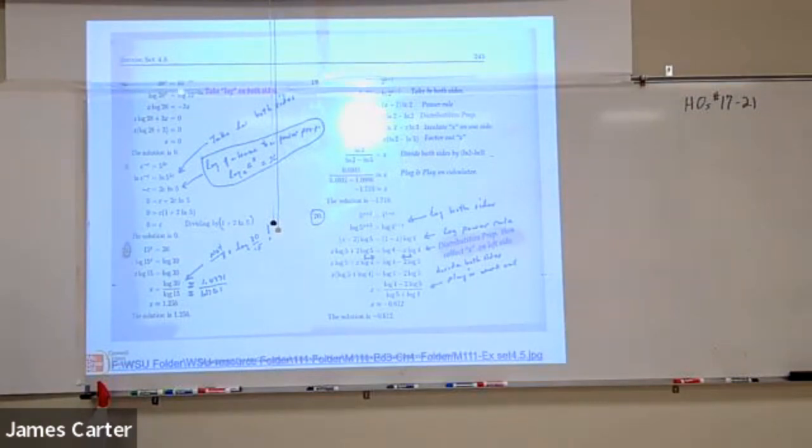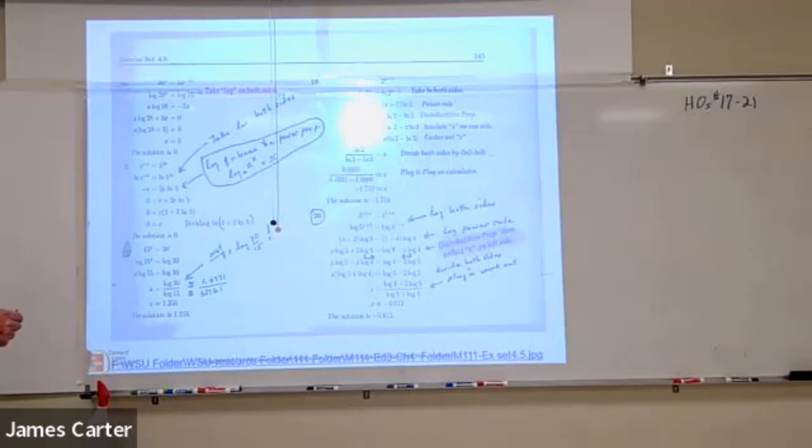So what do we do? We take log of both sides. Pull this power out, right there. Log 10 of 10 is 1. Pull this power out front. So I now have x log 28 equals negative 3x times 1.